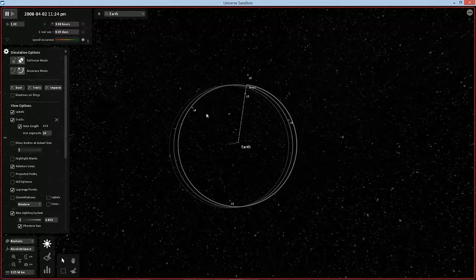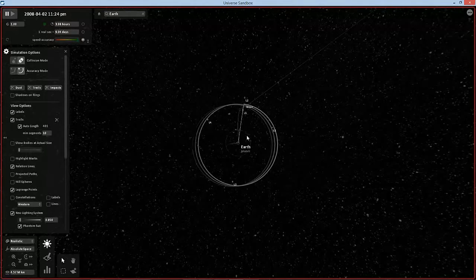However, L4 and L5 are very stable, up to the point that they're almost 100% stable. And around Jupiter, between Jupiter and the Sun, there are actually rocks in L4 and L5. On Earth and the Moon, there is some small debris in L4 and L5. In Earth and Sun, same thing.